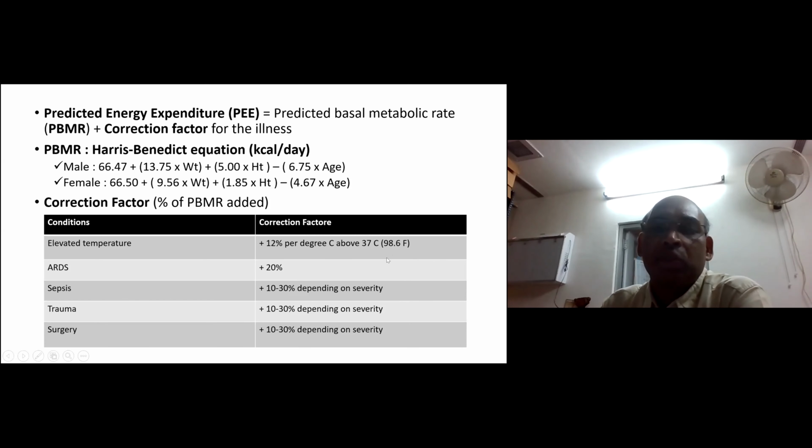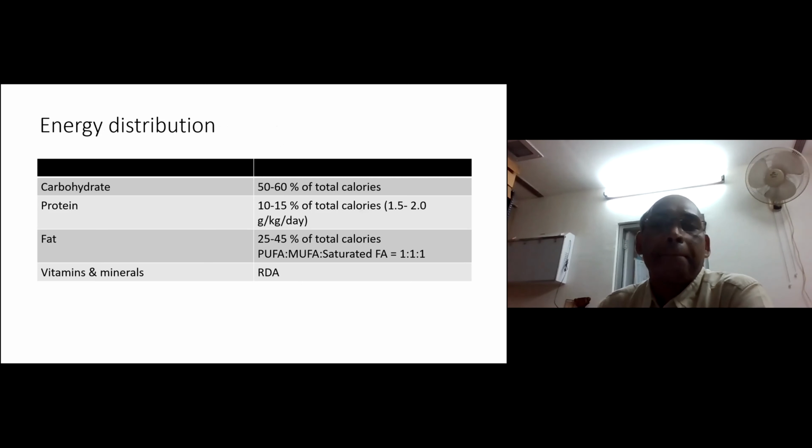So if there is a 2 degree increase in fever, there will be a 24% increase in calories. In ARDS, which we will be seeing in RCS2, a 20% increase, and in sepsis, a 10 to 30% increase above the normal requirement will be needed. Of course, we will not require this for trauma and surgery, as these cases will not be there.